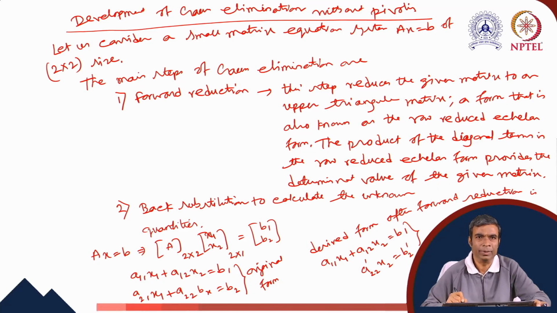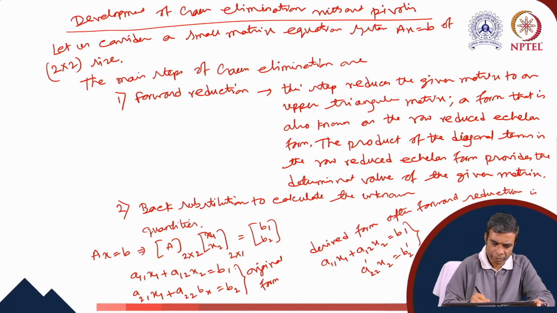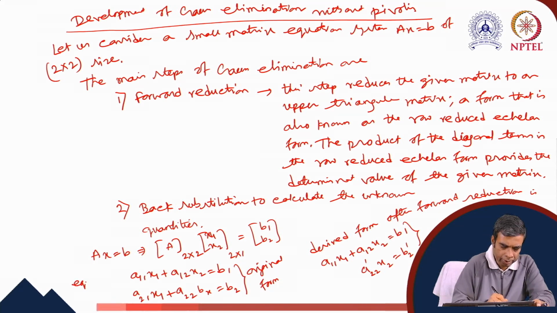So we can represent this matrix equation system in the echelon form by eliminating the A21 term in the original system of the governing equations. These equations we identify as equation 1 and equation 2.